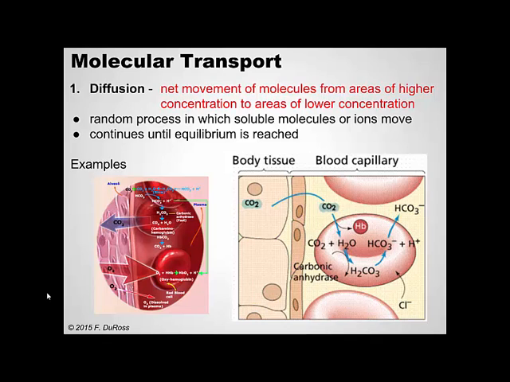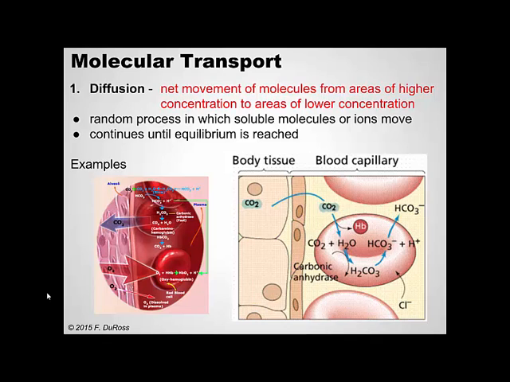And again, this happens randomly. It does not require any energy. It's just due to the random movement of molecules that happens. Okay? And it continues generally until an equilibrium has been reached. So molecules will go from a higher concentration to a lower concentration.